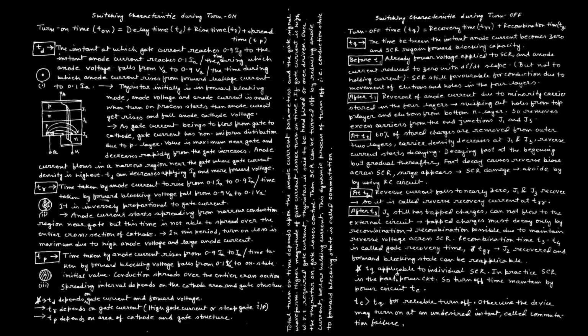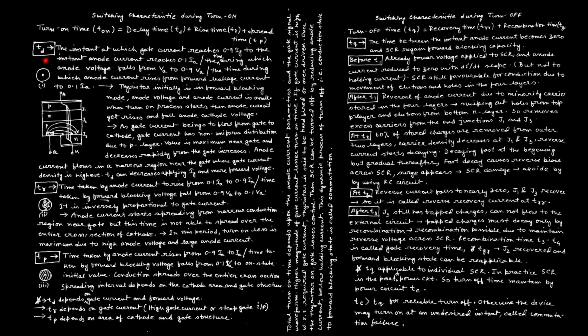Here the delay time is mentioned: the instant at which the gate current rises to 0.9 Ig to the instant where the anode current rises up to 0.1 Ia, the time during which the anode voltage falls from VA to 0.9 VA, and the time during which the anode current rises from its forward leakage current to 0.1 Ia.